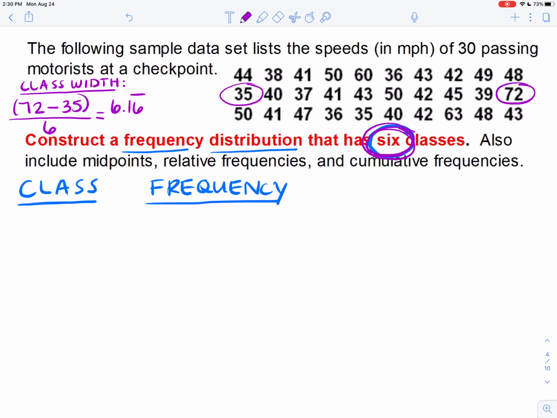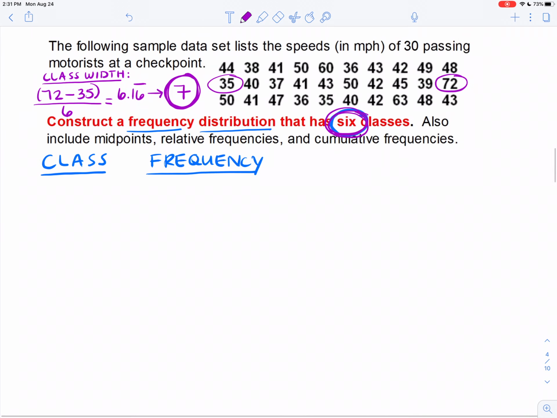So what I want to remember is for the class width, I always round it up. Now, I realize normal rounding rules would say leave it at 6. We don't do that here. For class width, we always round it up, use the next whole number. So this distribution should have a width of 7. All right, and that's our formula. It's how we're going to do it every single time.